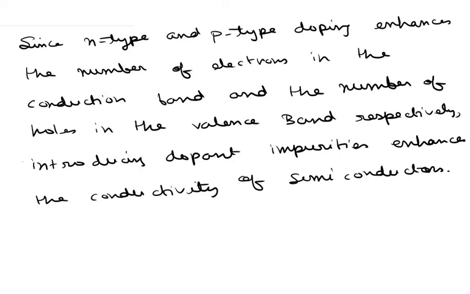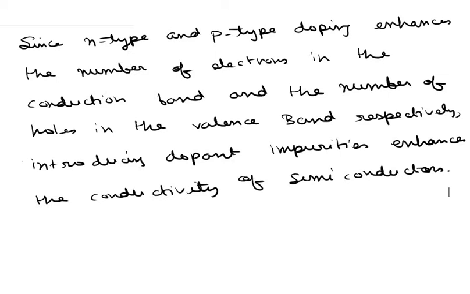As we discussed, one of the advantages of semiconductors over metals or insulators is that their conductivity can be manipulated, or enhanced, by introducing impurities.